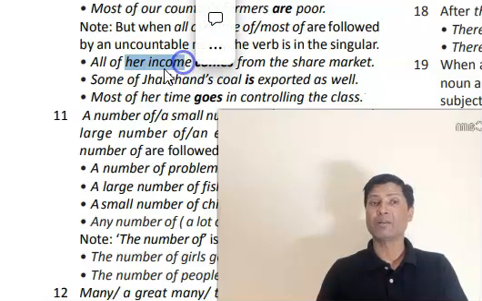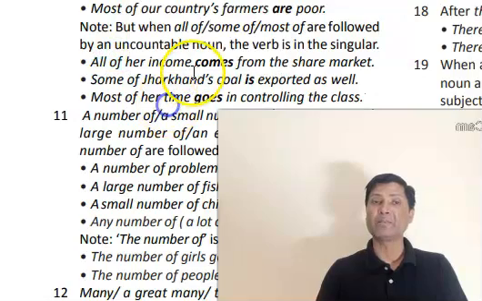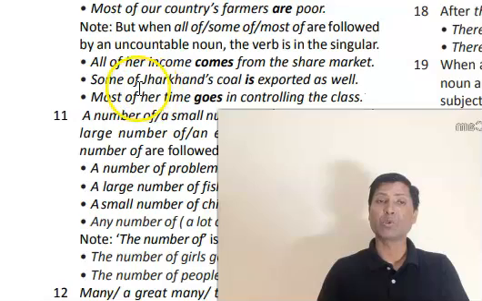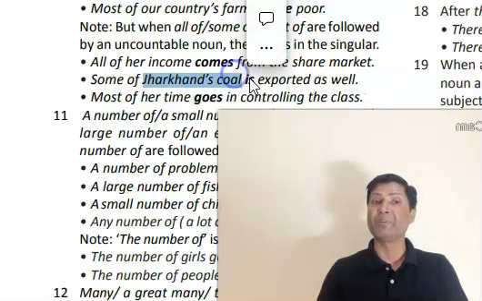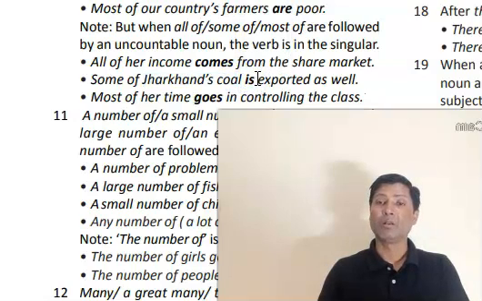It means this "all" is also singular, and therefore the verb is singular. "Some of Jharkhand's coal": coal is an uncountable noun. Therefore the verb is singular.